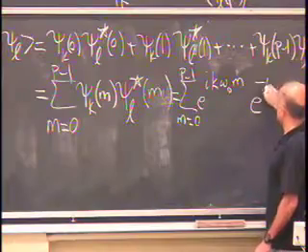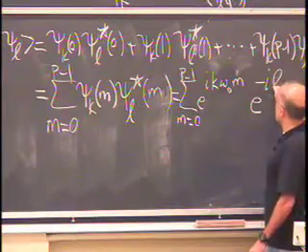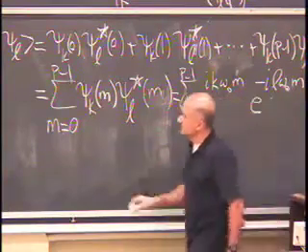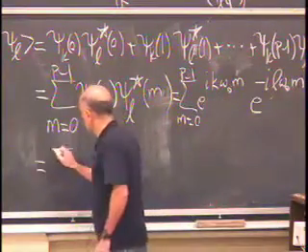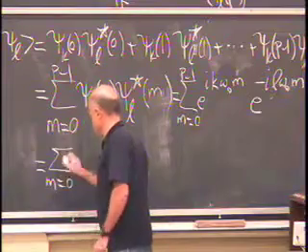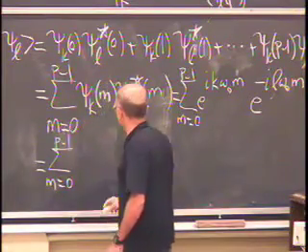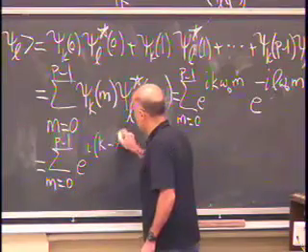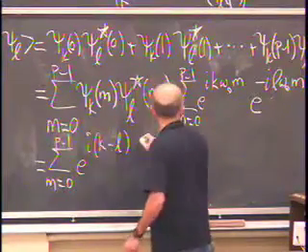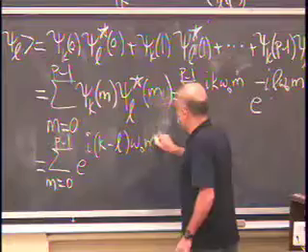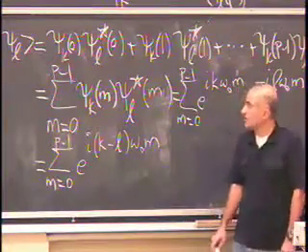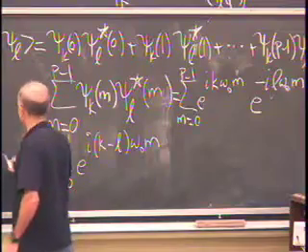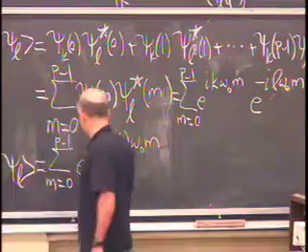E to the negative I, L, omega naught M. So I have the summation to P minus 1, E to the I, K minus L, omega naught M. Are you all with me? What did he say for the past hour and a half?